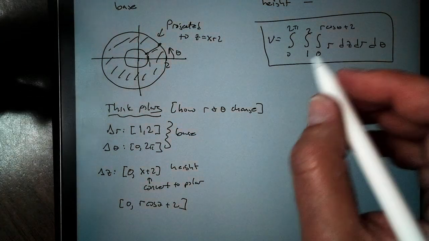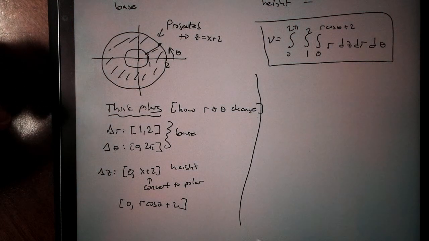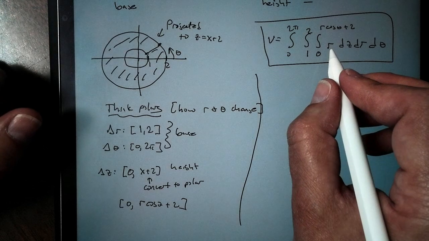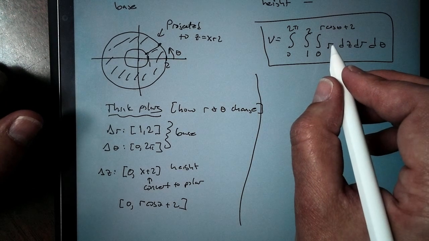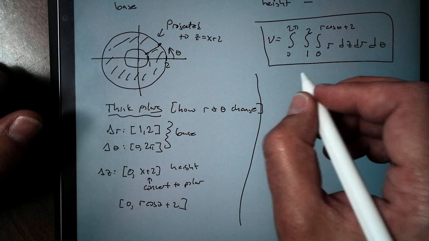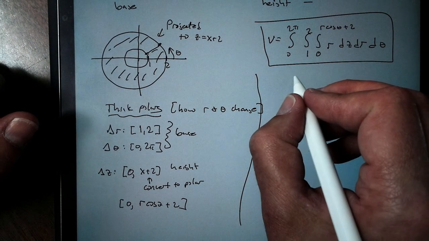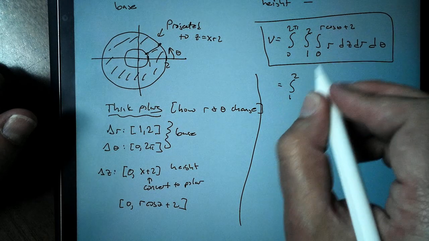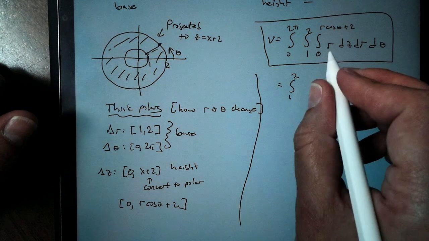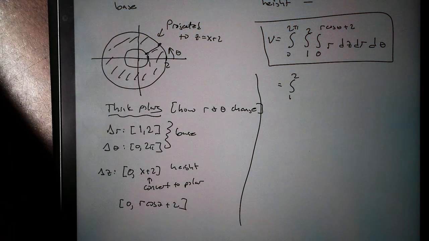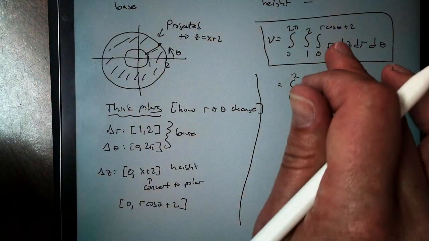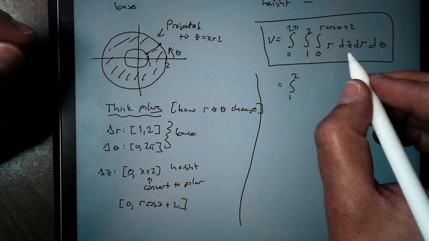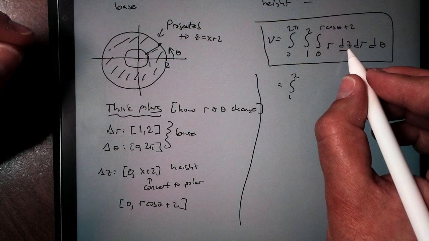So let's go ahead and solve this just for fun. Why not? Got nothing better to do, right? If I solve this, this just becomes r. Not too hard to do. Forget, we're integrating with respect to z.